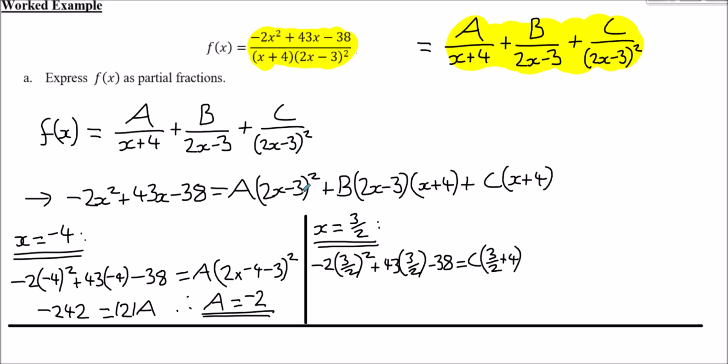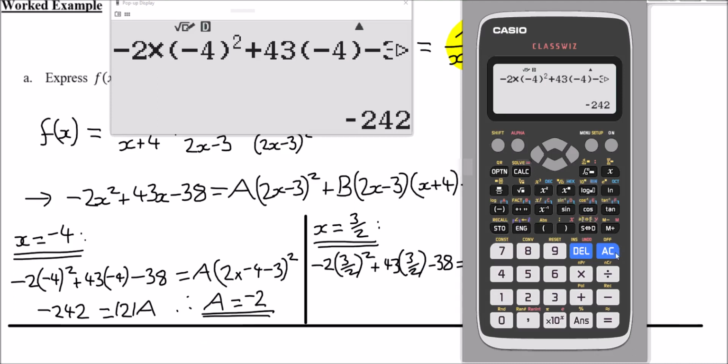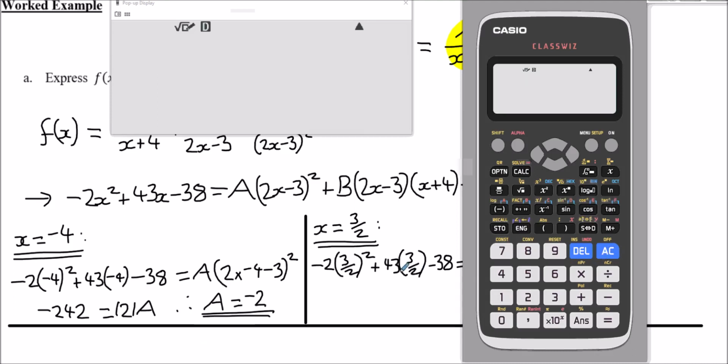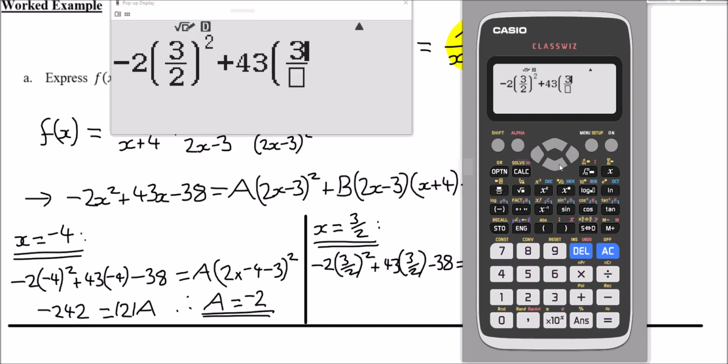So if we neaten this up, we can work out what it has to be. Be careful when putting this on a calculator, because this is fairly awkward. So -2 in brackets 3/2 squared plus 43 lots of 3/2 minus 38. So that's going to give us 22.